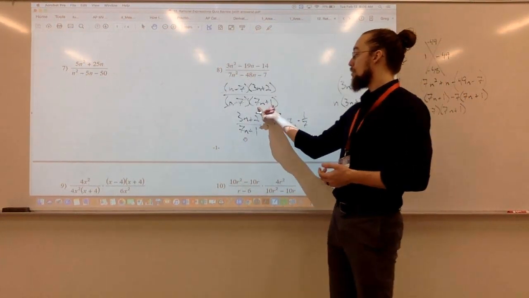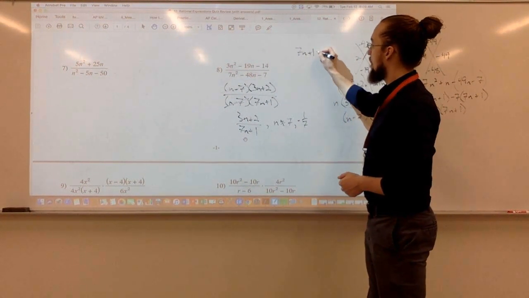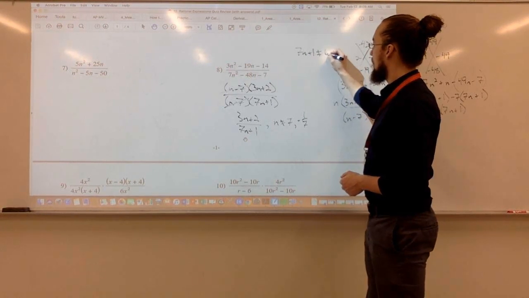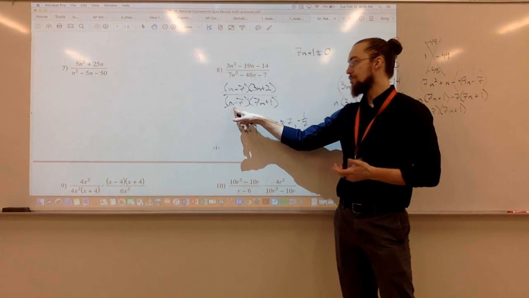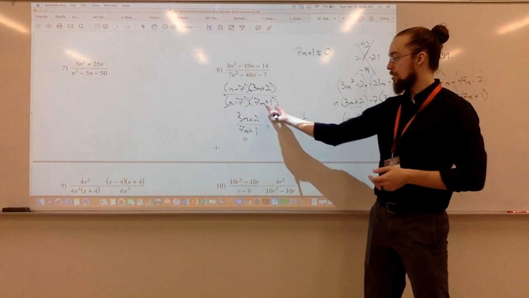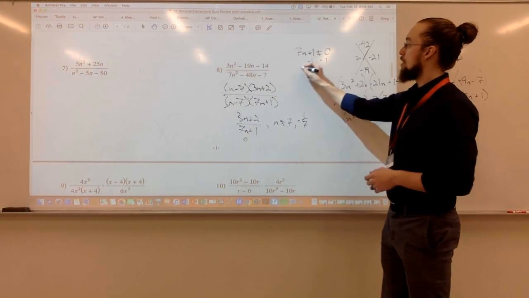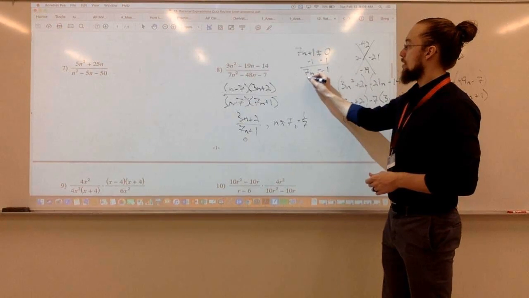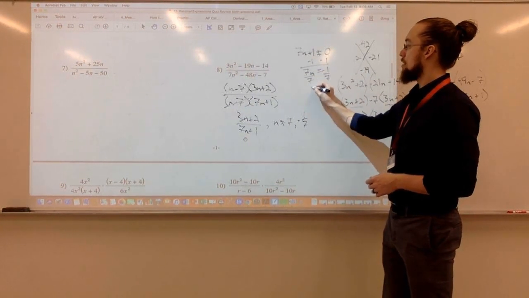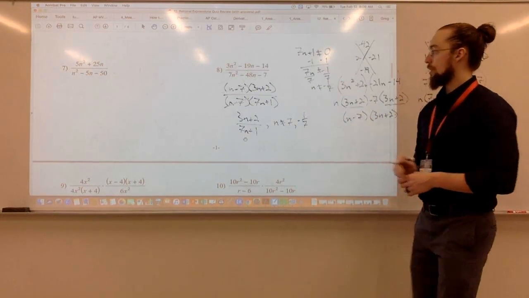To get that, we take that factor and say that it cannot equal 0. 7 minus 7 is 0, but this one might not be obvious, so we can just set that equal to 0 and solve. Subtract 1, we get 7n equals negative 1, divide by 7, and n cannot equal negative 1/7.